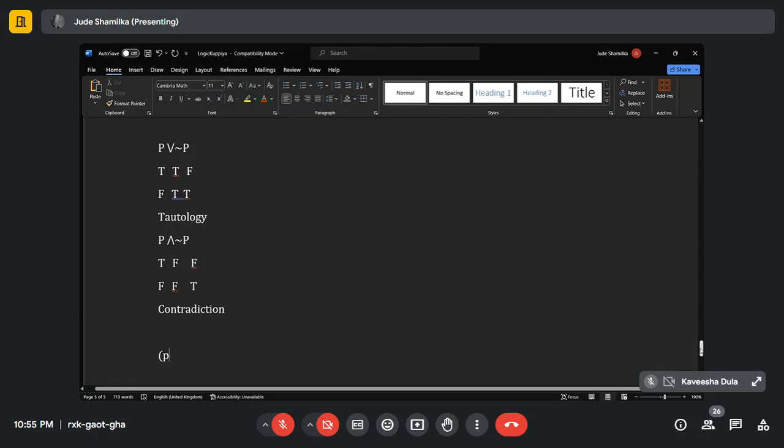Earlier I used the word repetition, which means repeating the same thing. So here we are going to find out whether the first statement is repeated by the second statement and vice versa. The first statement is repeated by the second, and the second by the first.